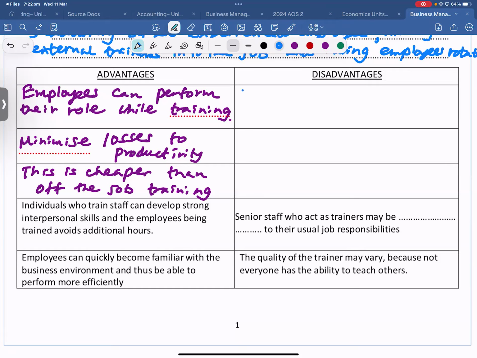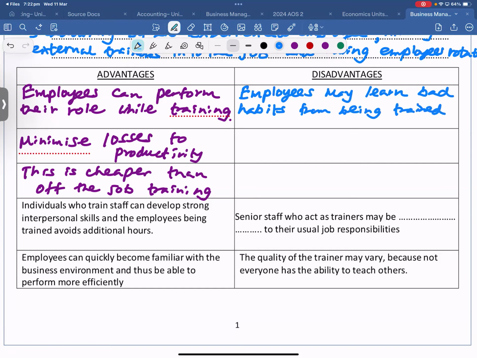Next one, employees may learn bad habits from being trained by existing staff.